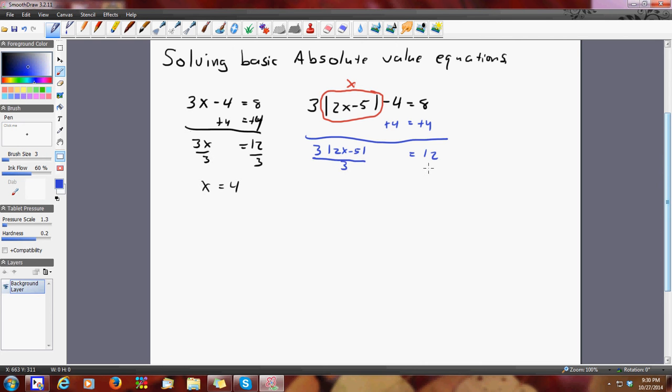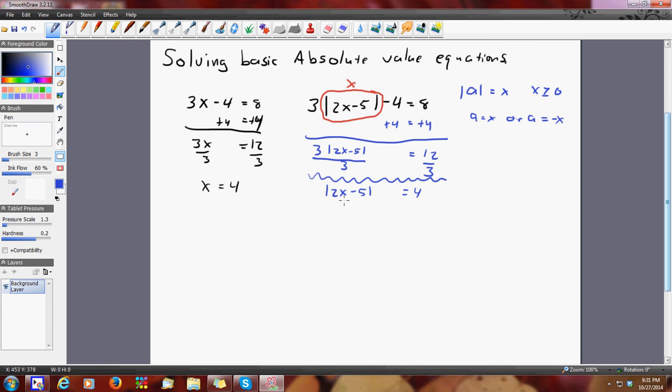I'm going to divide both sides by 3. I get the absolute value of 2x minus 5 equals 4. Now, here's what I want you to know. In a previous video, I said if you have the absolute value of a equals x, and x is greater than or equal to 0, then a equals x, or a equals negative x.